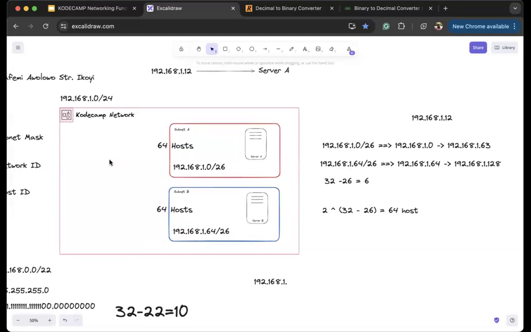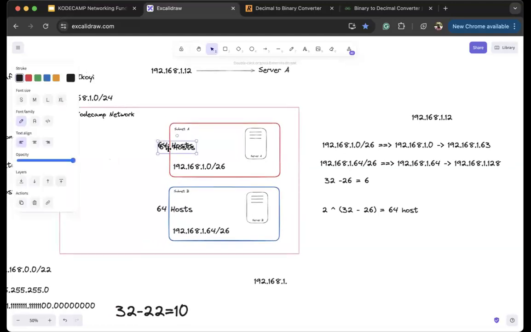Okay. And the entire network itself is able to accept 256 hosts.